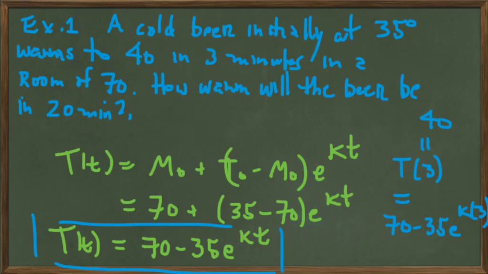So let's pick that up on the next blackboard. 40 equals 70 minus 35 e to the 3k. If we rearrange, 35 e to the 3k equals 30.